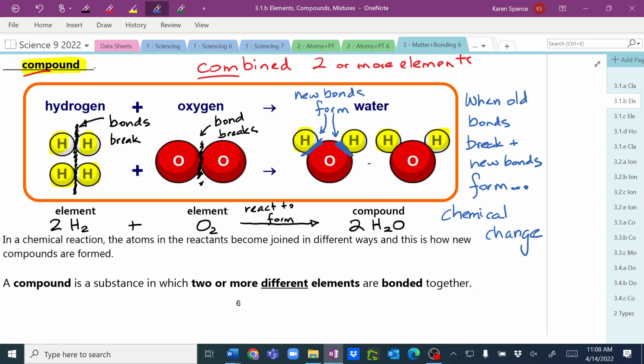We started out with an H together with an H, and now the two H's are together with an oxygen, okay? So, moral of the story, a compound has two or more different elements bonded together. And that's why water is a compound, but hydrogen and oxygen are not compounds.